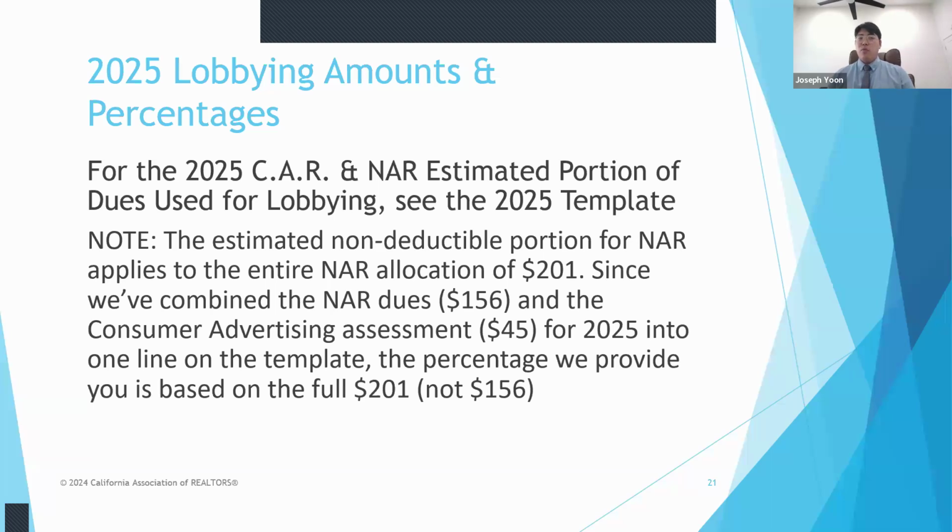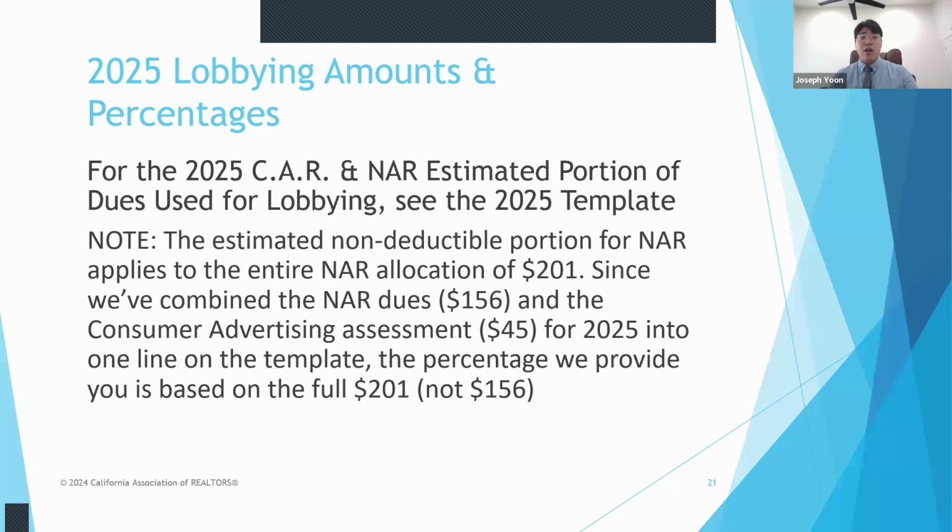Just one thing I want to point out, I know we've had questions on this for several years now. For the NAR percentage and amount, you have to keep in mind the percentage that we provide in the template is based off the combination of the NAR allocation and the consumer advertising assessment. So the total of 201 is what we use in calculating the percentage.